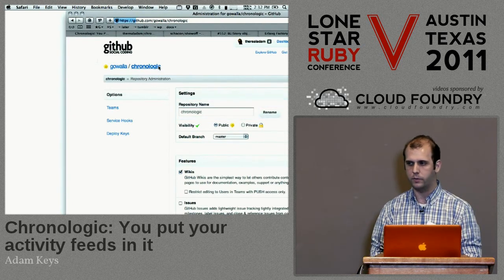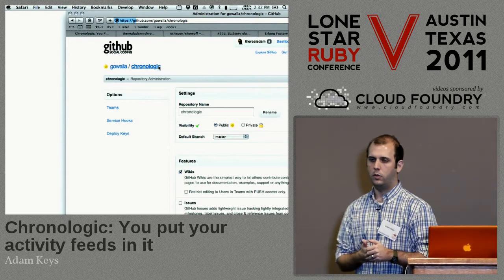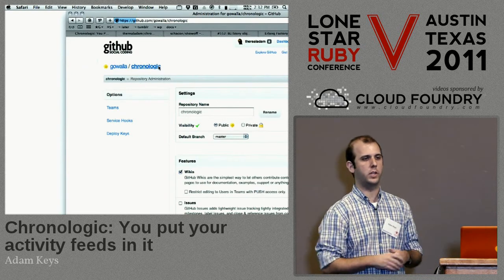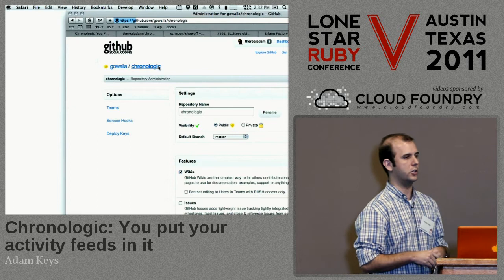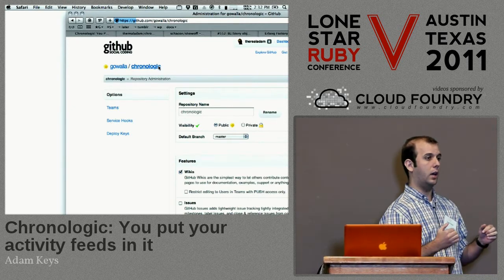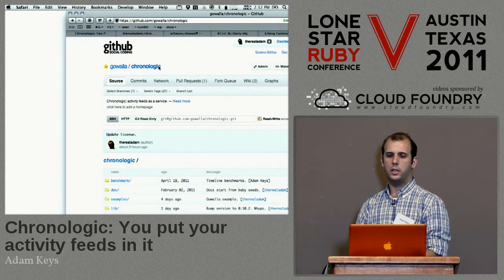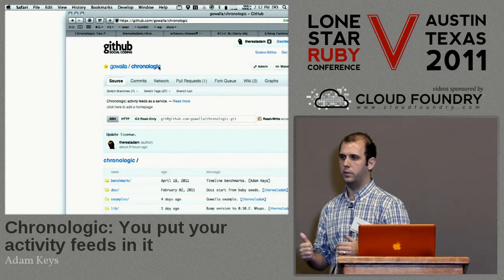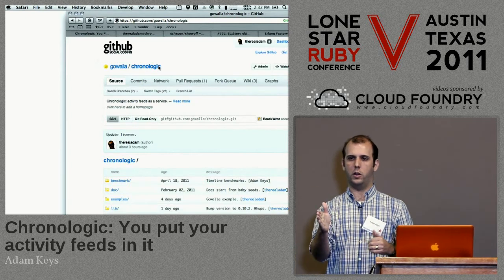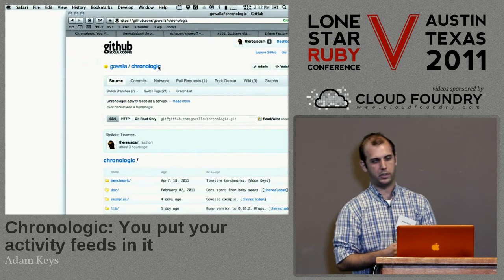The answer is, I've tinkered with the write side of it. We haven't done a whole lot of read volume through Chronologic just yet. The default for the Ruby Cassandra driver is to write to one node and then it asynchronously replicates to the other replicas.